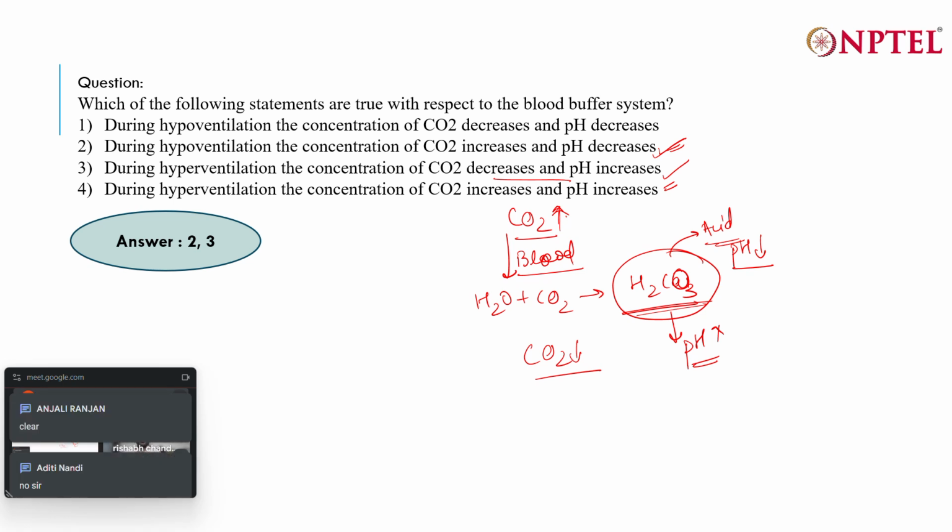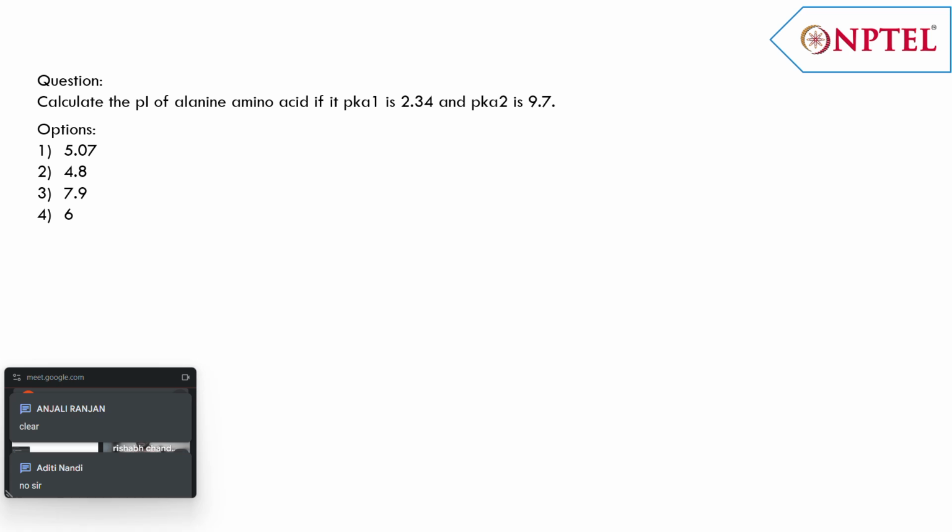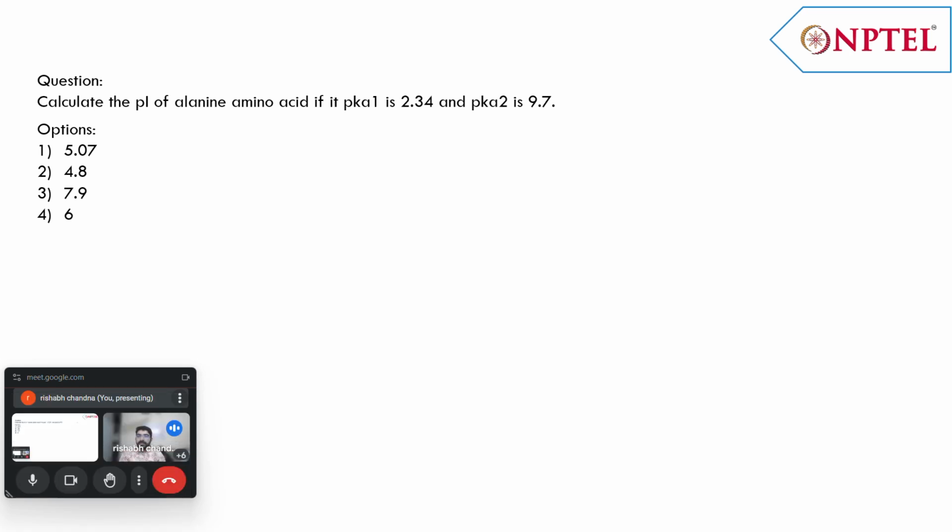Okay, so let's move on to the next question. You have to calculate the isoelectric point of alanine if the pKa1 and pKa2 values are given below.